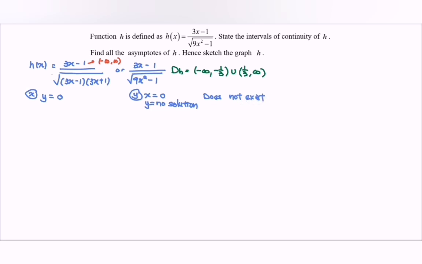As for the x-intercept, when y equals 0, if we substitute, then 3x minus 1 equals 0, so x equals 1 over 3. Referring to the domain, this does not exist because the domain does not allow x equals 1 over 3. So the x-intercept also does not exist.